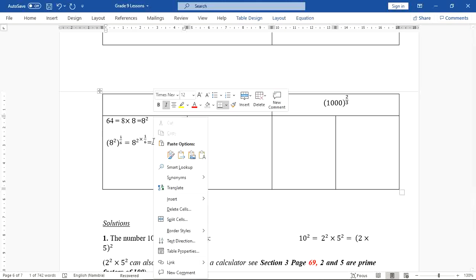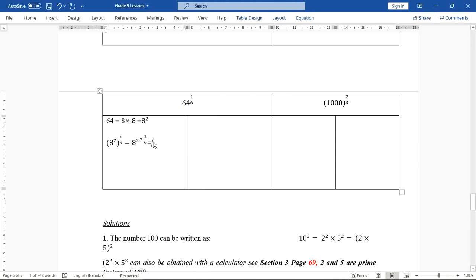Let me paste. Undo. All right, it seems like my computer doesn't want to cooperate today. Okay, it's back to normal.